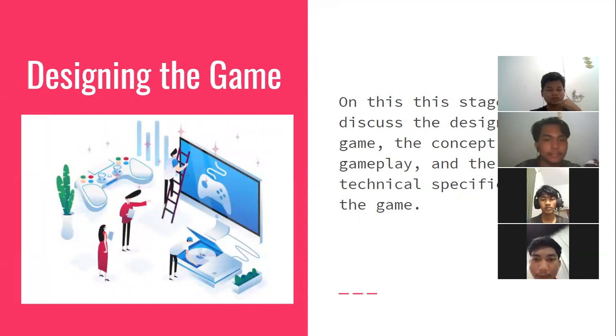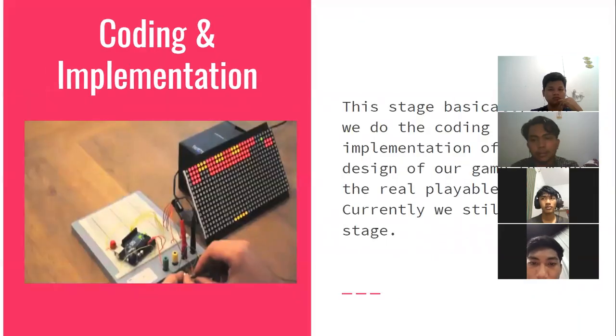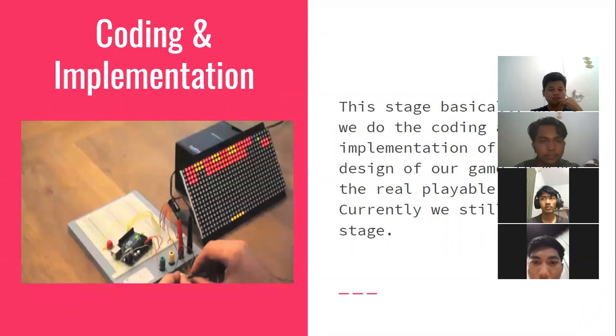Designing the game. In this stage, we discuss the design of the game, the concept of the gameplay, and the technical specification of the game. Okay, next. Coding and implementation. This stage is basically where we do the coding and implementation of the design of our game to make the real playable game.